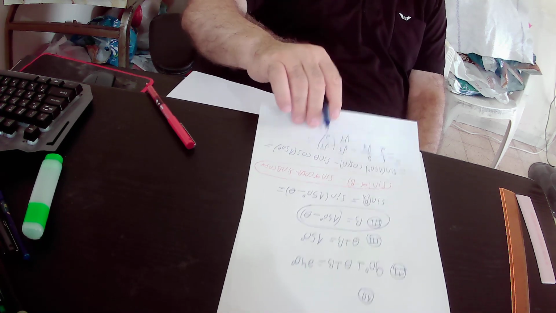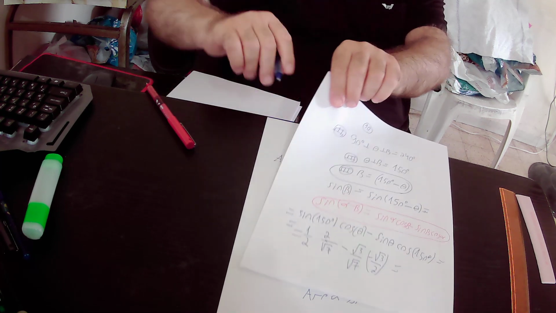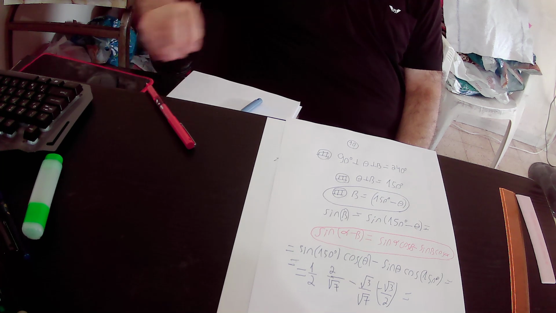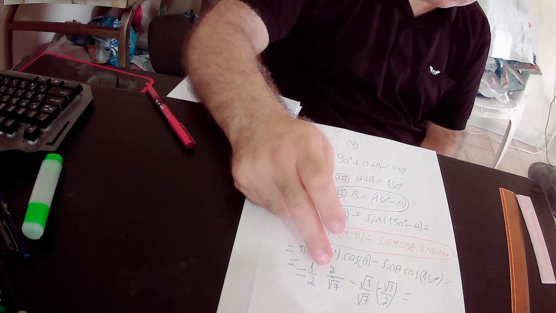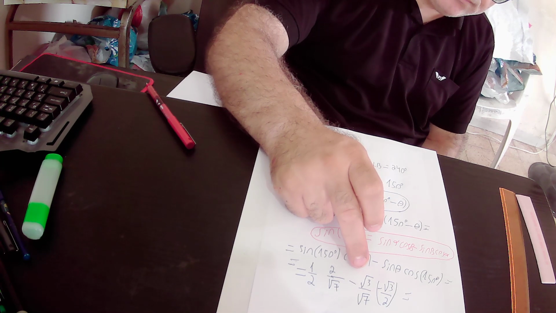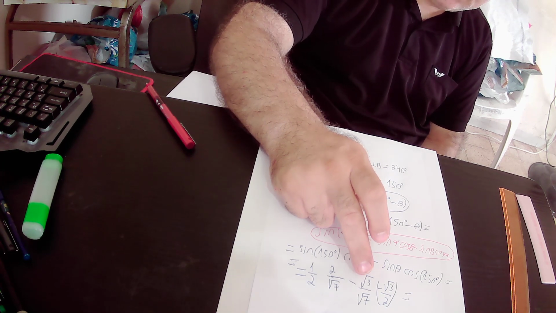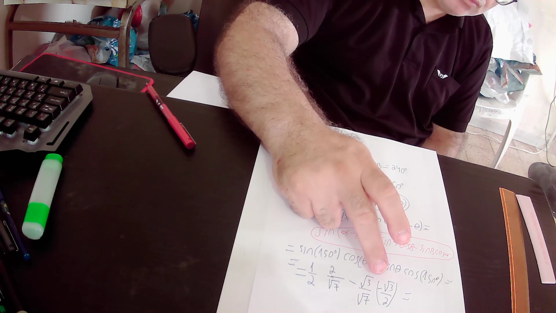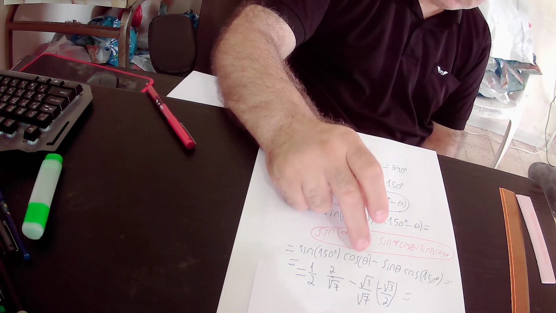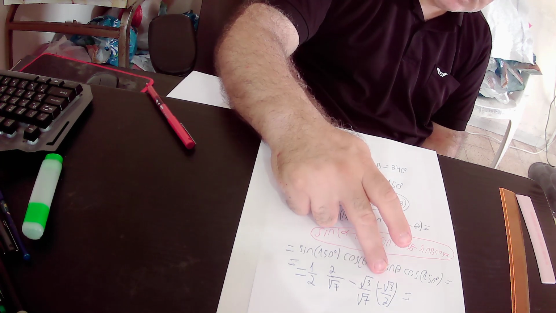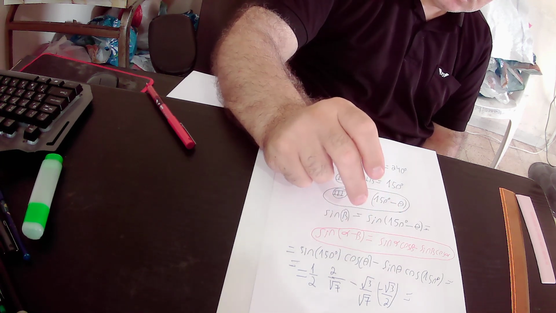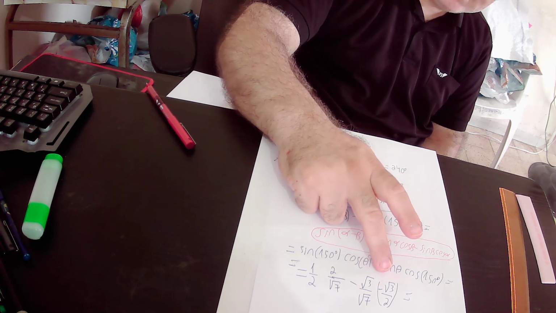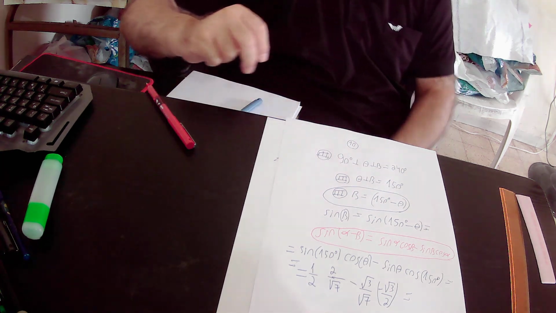So in total we got that 1 over 2 times 2 over root of 7 minus root of 3 times root of 7 times minus root of 3 over 2. Here minus times minus is plus, and root of 3 times root of 3 is 3, so I write it down.